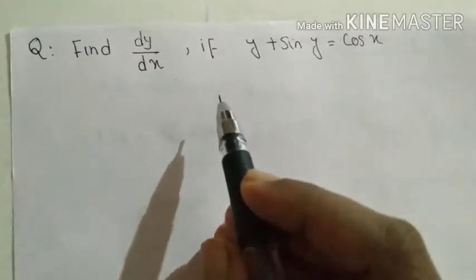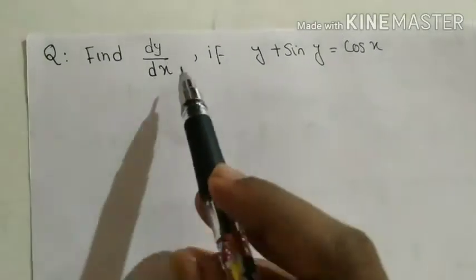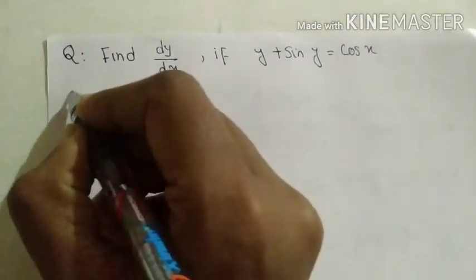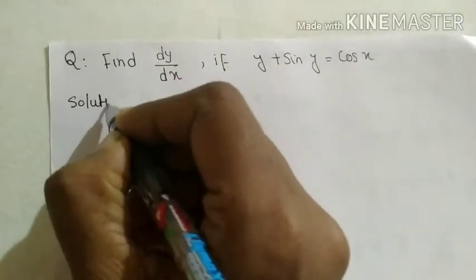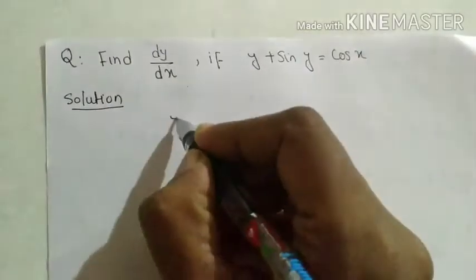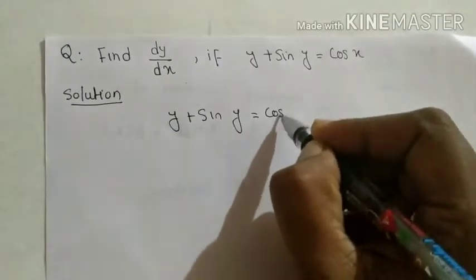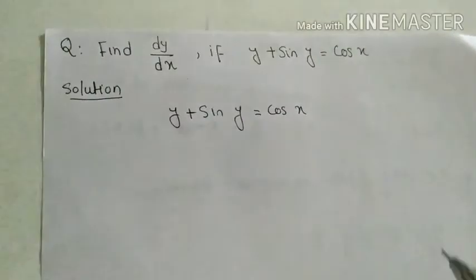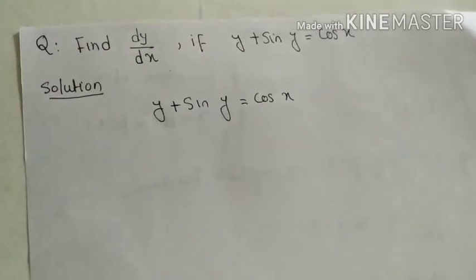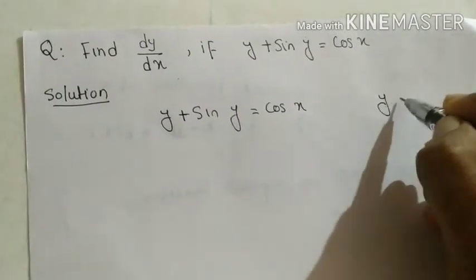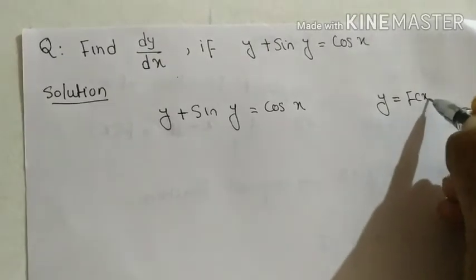This is our second question. Find dy by dx if y plus sin y equal to cos x. So let's start the solution of this question. Given that the function y plus sin y equal to cos x. By observing this, we cannot write this equation in the form of y equal to f of x.